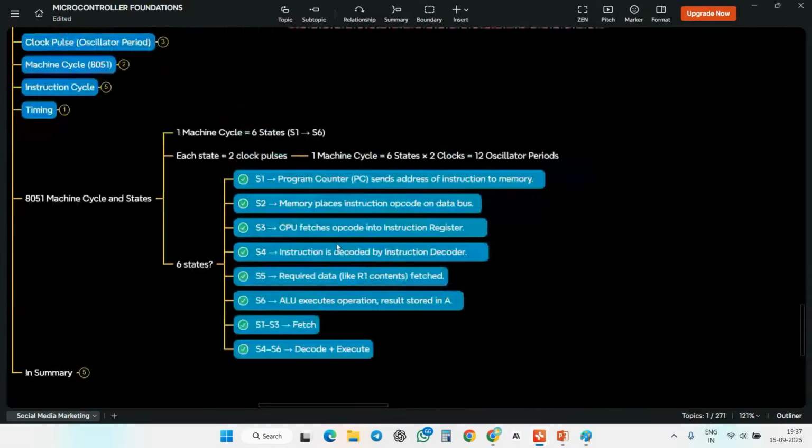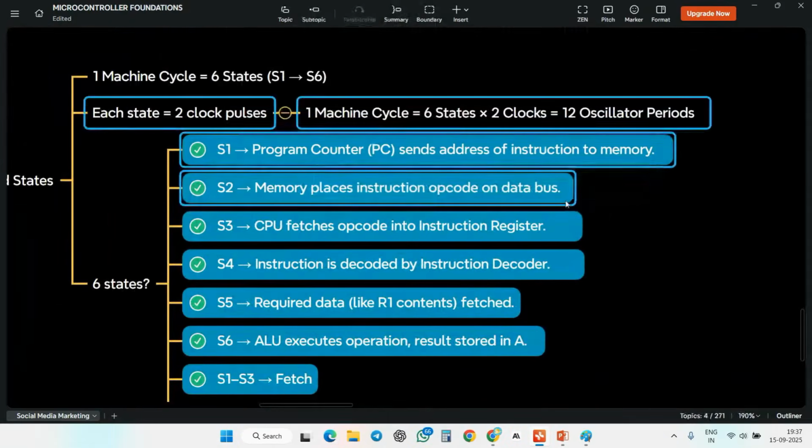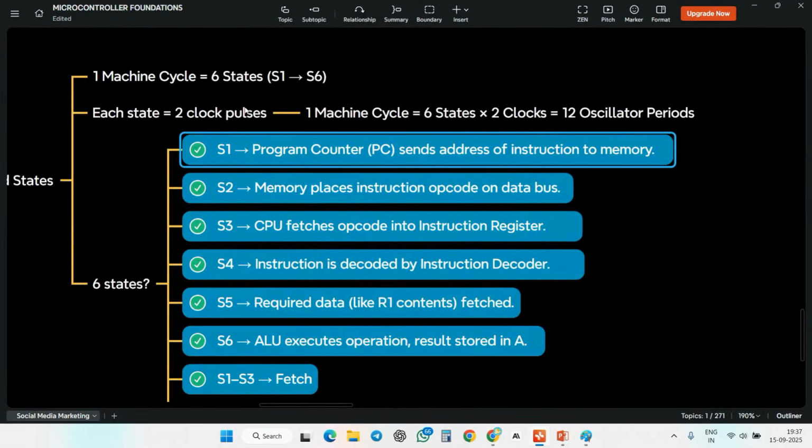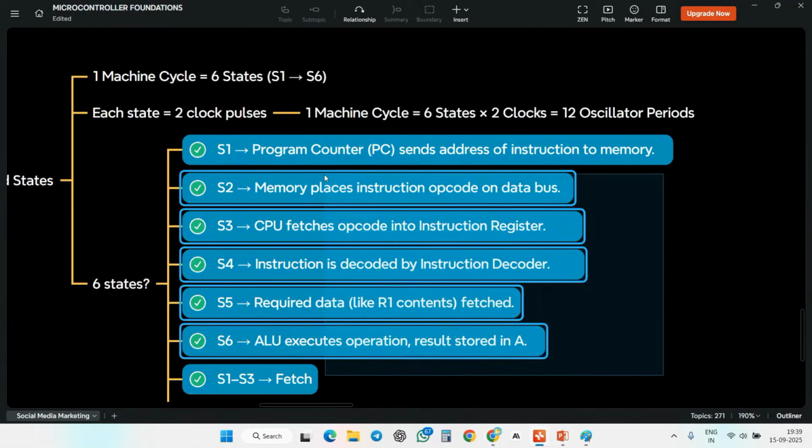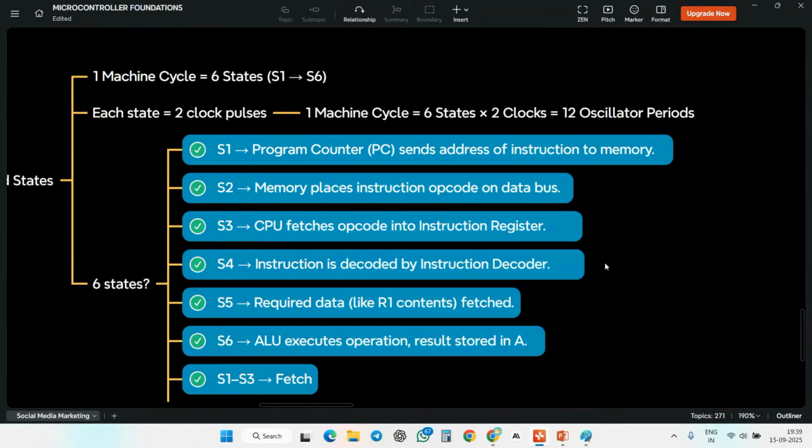So how many clock pulses are taken for one instruction? Totally there are 6 states, 1 to 6, and all the instructions we already discussed on the previous day. I don't want to tell it again.